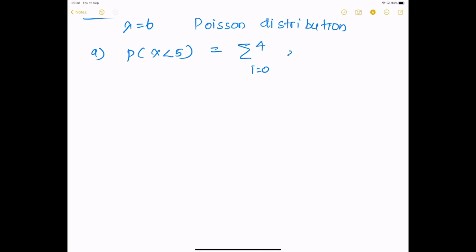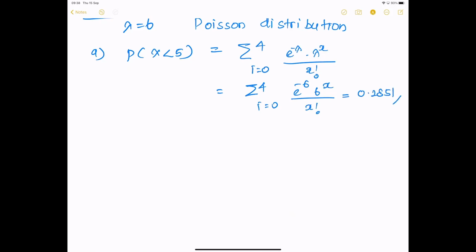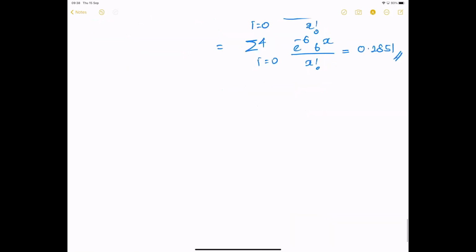I will explain both methods. By using this equation, you can simplify the answer by using a calculator: e to the power minus 6, and so on. The answer should be 0.2851, or otherwise, you are familiar with this one.